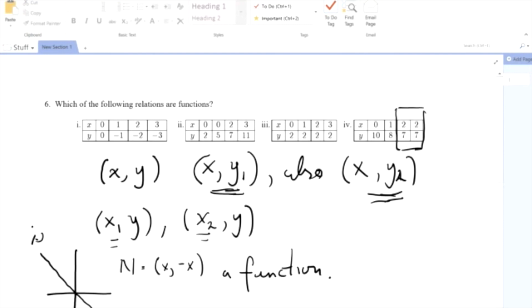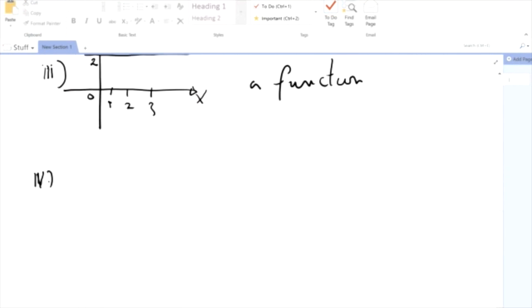However, this is simply saying that we repeated the same information, which is 2 to 7 and 2 to 7. It is still a function. There is no change. The same number 2 didn't have a different y output. So this is also a function.